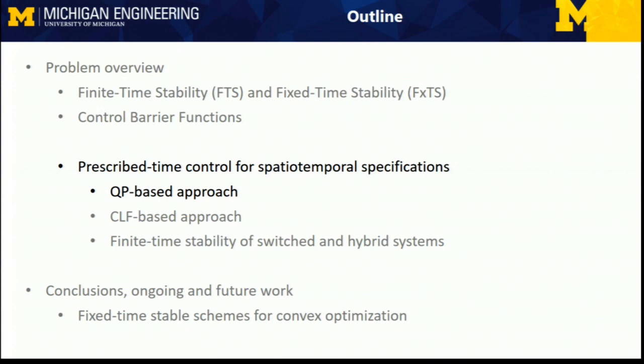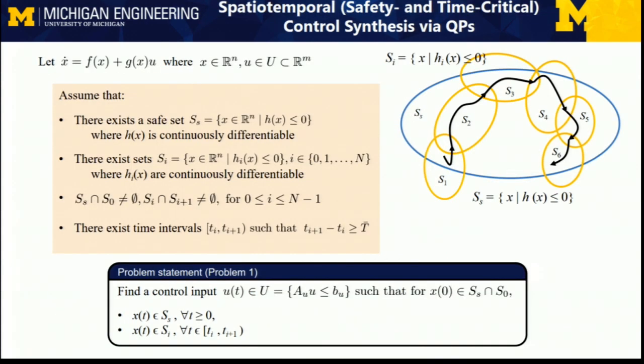Okay, so let's see how this QP-based approach would look like. We are considering the class of nonlinear systems that are affine in control. And we consider the case where we have a set of state constraints, S, defined as wherever some functions here take non-positive values.